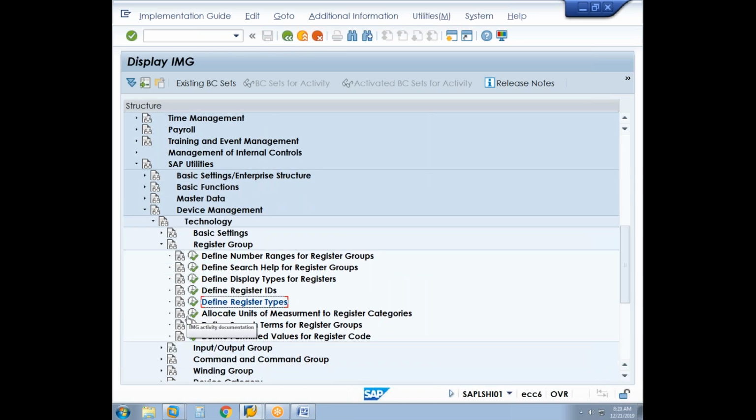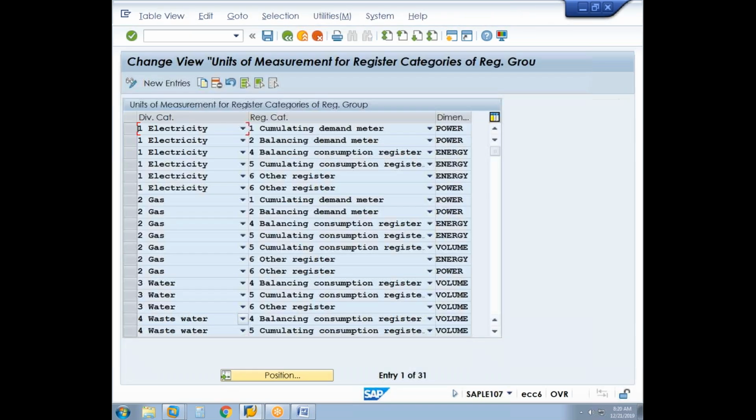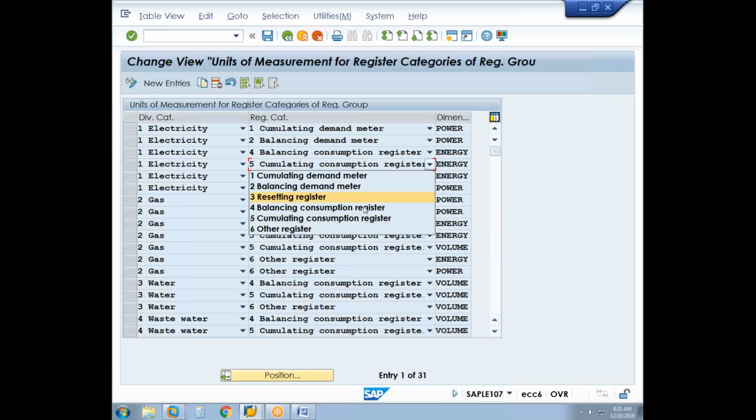Now this is very important. Allocate units of measurement to the register category. Register category is division specific: register category for electricity, register category for water, register category for gas. As far as the register category for the consumption energy meter is concerned, it is a cumulating consumption register.